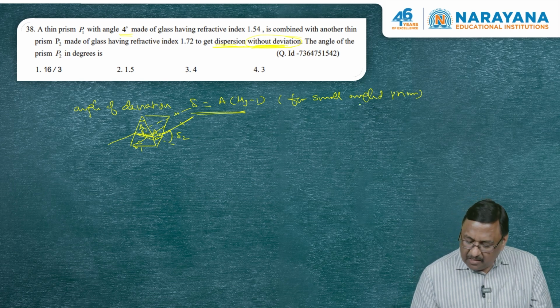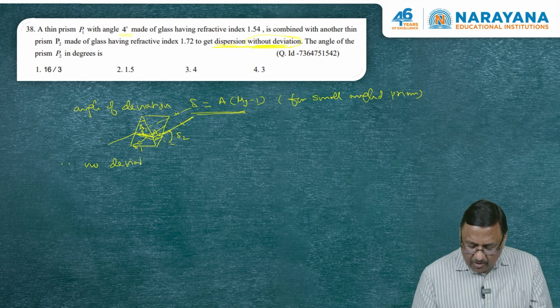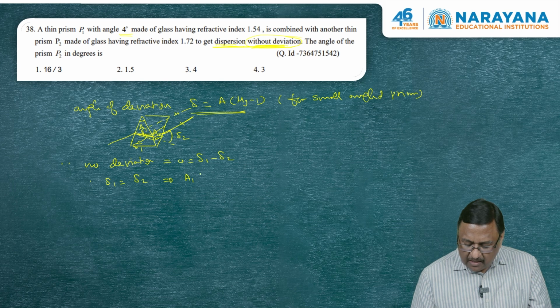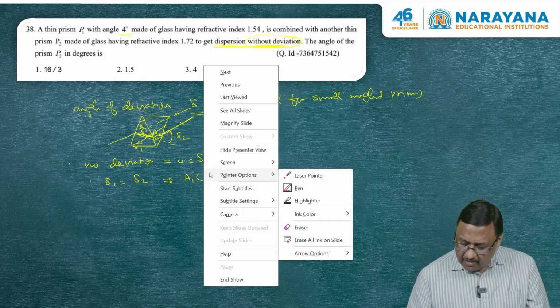So what we can say, since there is no deviation, no deviation is indicating what? Zero deviation, delta 1 minus delta 2. I can straight away write, therefore delta 1 is equal to delta 2. What we can say, it is A1 into mu y minus 1. So I am writing it here.